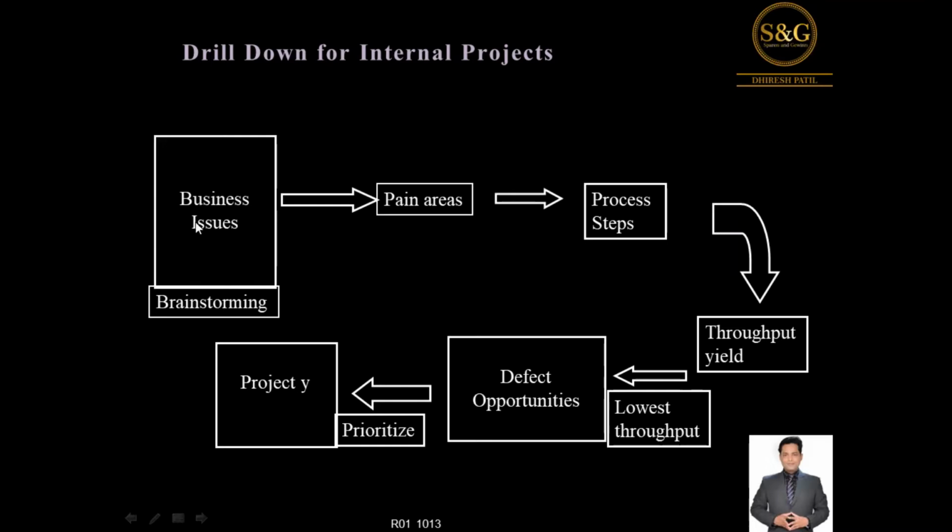Now, the very first step is business issue brainstorming. This happens at the very top level, where top management sit for a brainstorming session with some data and with their experiences as well. They brainstorm the current business issues, and from there they identify the pain areas of the organization at that point in time.